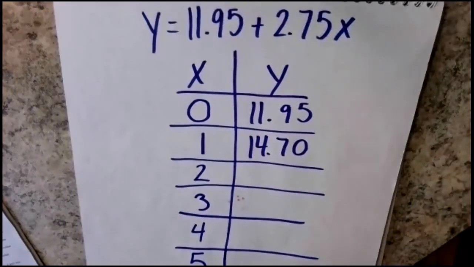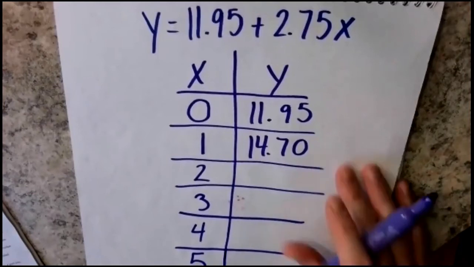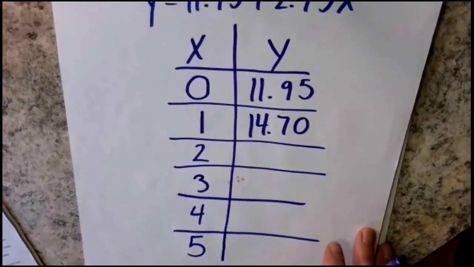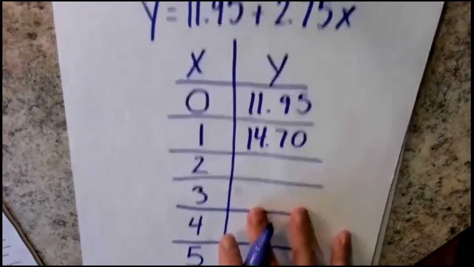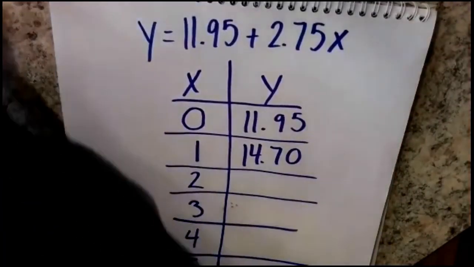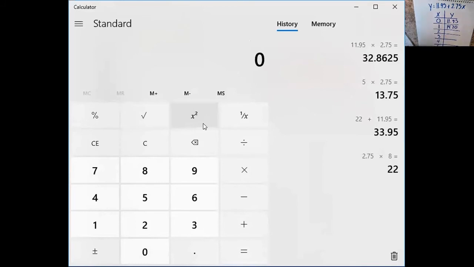So let's say we have a 5-topping pizza right here. I want to know how much this is, so we can just fill out a graph. All I do is I substitute my 5 in for my X up here, and I can do that on my calculator. So what I want to do is I want to go 5 toppings times $2.75 a topping.